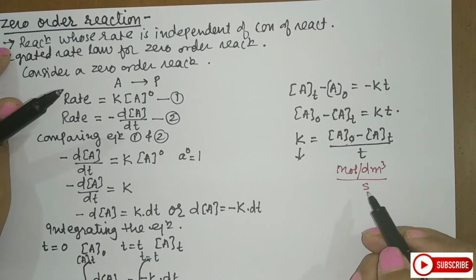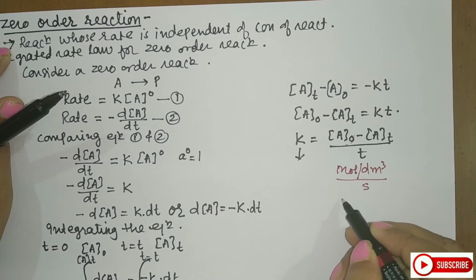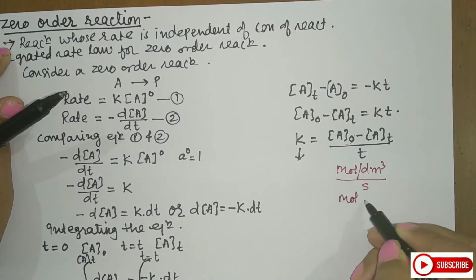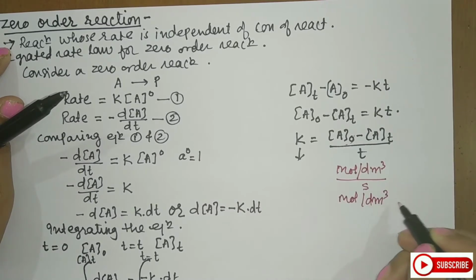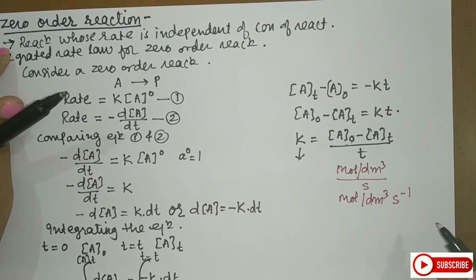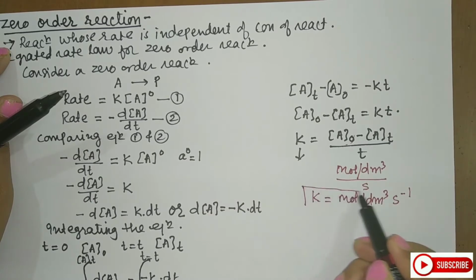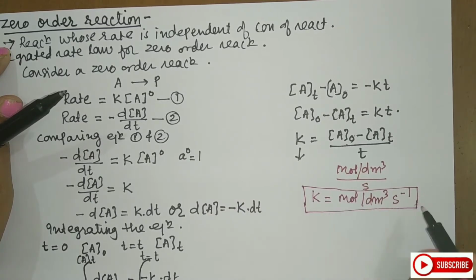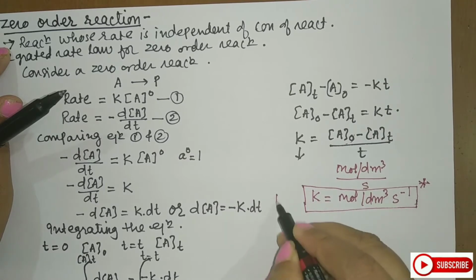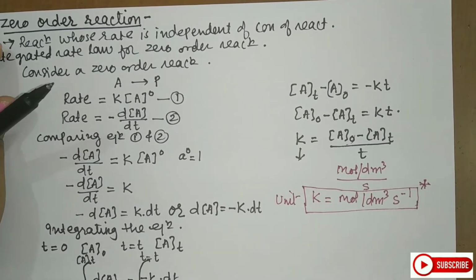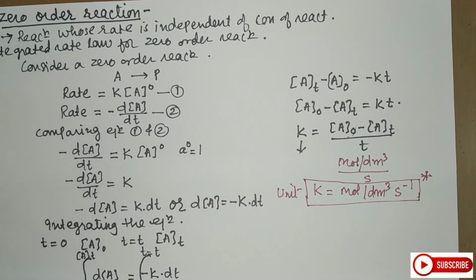So the unit will be mole per dm cube second inverse. This will be the unit for the rate constant of a zero order reaction. You must know the unit, student. So the unit for rate constant for a zero order reaction is mole per dm cube second inverse.